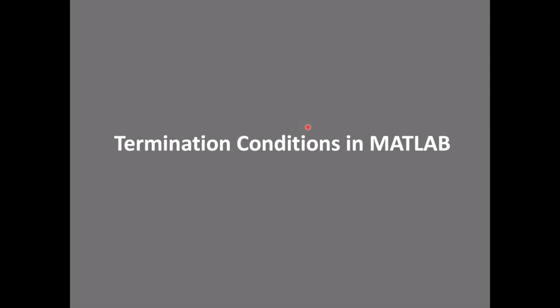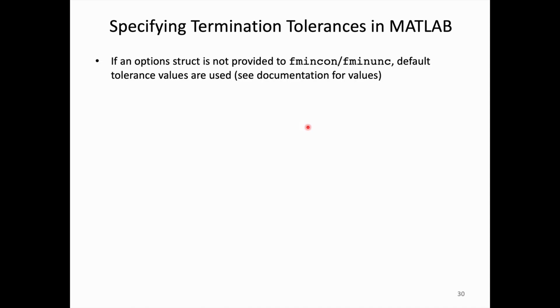Let's talk about termination conditions specifically in Matlab. So this is going to be helpful when you are using the built-in Matlab functions and understanding how to specify things related to these different termination conditions, such as the tolerances that are associated with them.